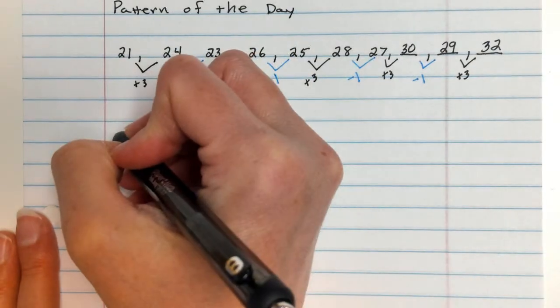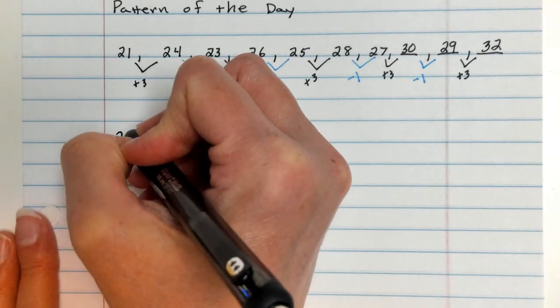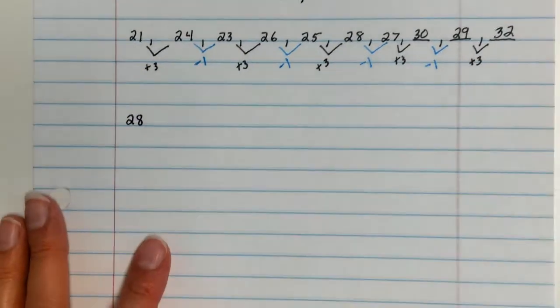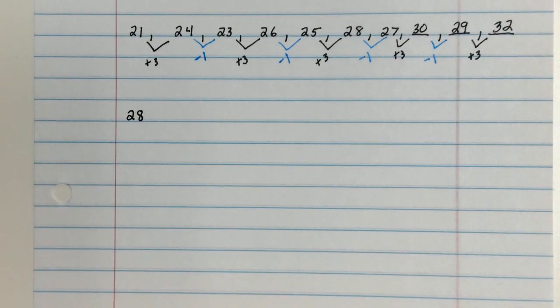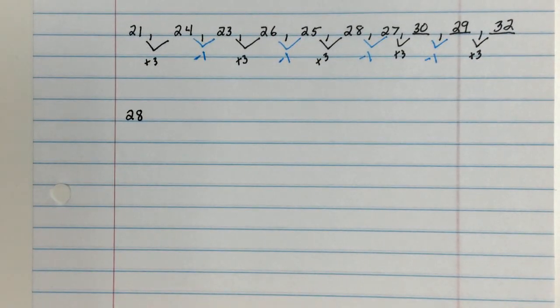Let's take the number 28. All right, when I tell you to factor a number, what do I want you to do? You have to find all the factors. What are factors?